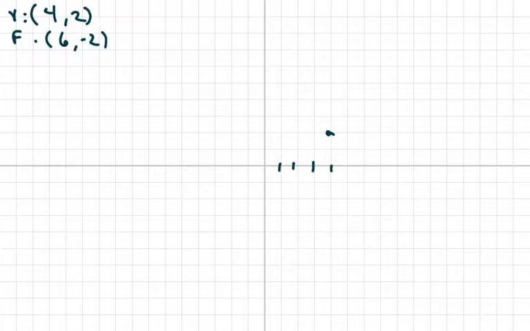They're supposed to be the same, so these are both negative 2's. Negative 2 and 6, 2. So we know that this is going to open to the right, because this is your focus. I'm going to go ahead and draw the directrix, because the vertex is the midpoint. So that's going to be right in here.